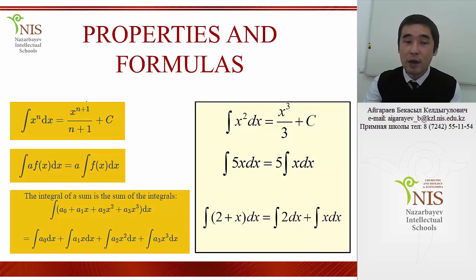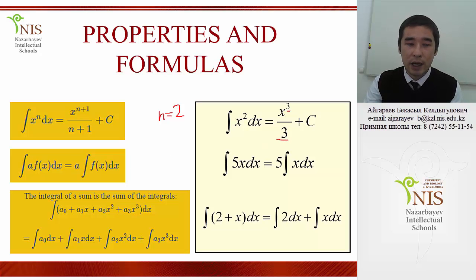This is the antiderivative. A good example is x to the power of 2, so our n is equal to 2, and the result will be x to the power of 3 divided by 3. Why 3? Because we put 2 here, and 2 plus 1 is 3.